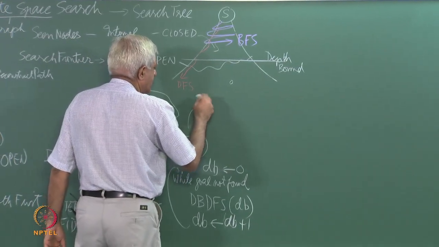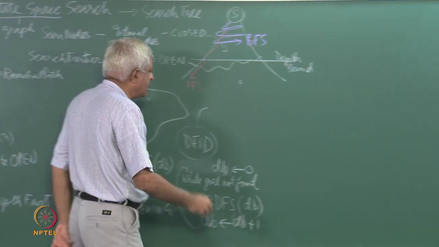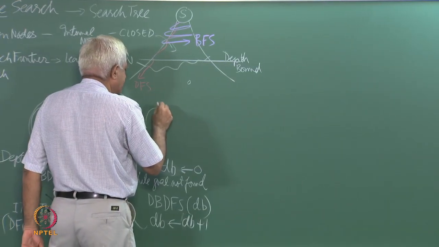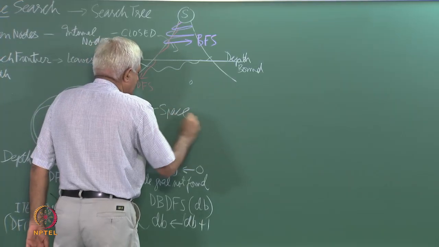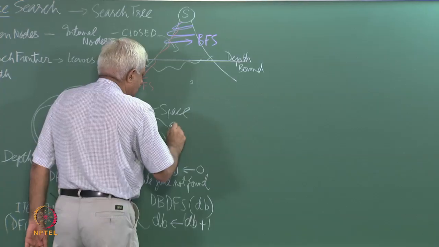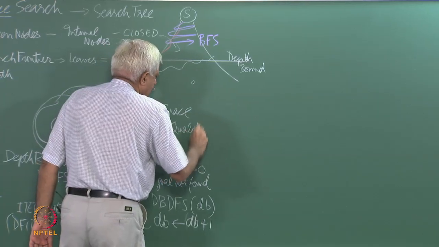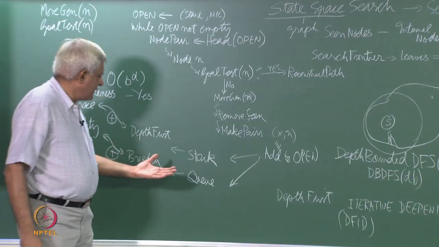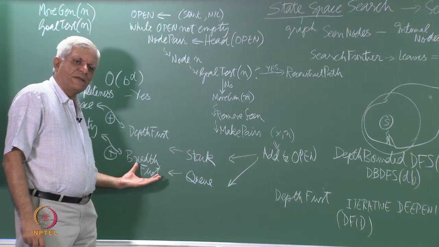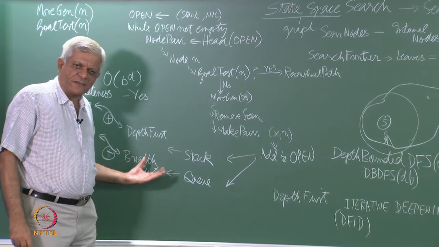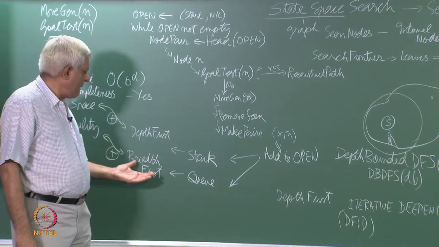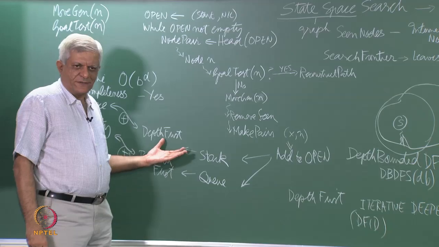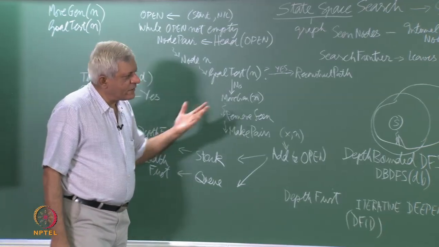We will come to time complexity in a moment. Let us talk about space, and let us talk about quality. These are the two quantities we were interested in here, because breadth first gave us an optimal solution, guaranteed an optimal solution, good on quality. Depth first was space efficient, required only linear space. What about DFID?